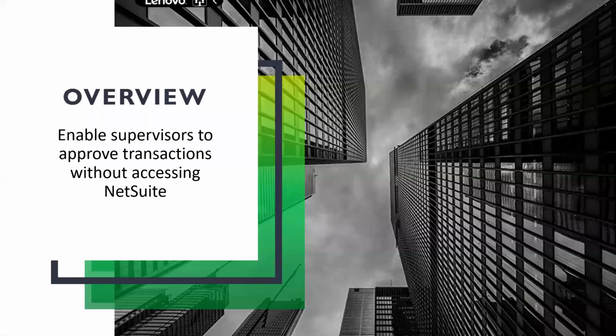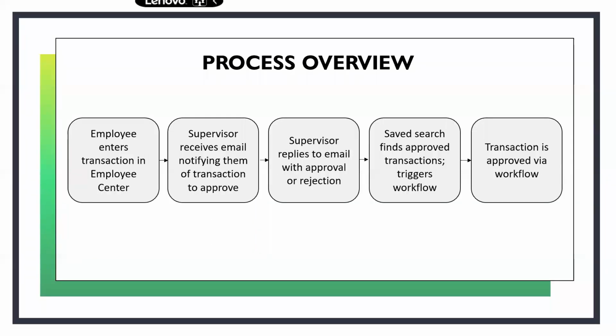So just a broad overview, this feature is going to enable supervisors in your organization to approve transactions without accessing NetSuite and without the need for a NetSuite user license. Here is a big process overview of how this would work. As an example, I'm going to use myself entering a purchase order. So I'm the employee, and my supervisor will receive an email letting them know that I've entered the transaction and it needs to be approved.